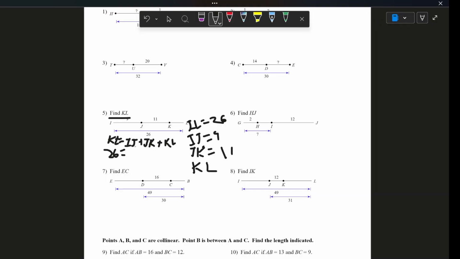We know IJ to be 9. It's JK, which is 11, plus KL. So then what I would do first, I'll add 9 plus 11, that's 20, and subtract 20 on both sides. We get 6 equals KL. That's your answer.